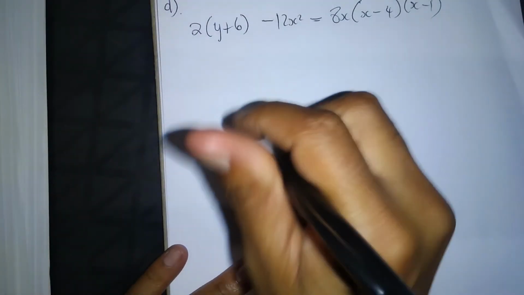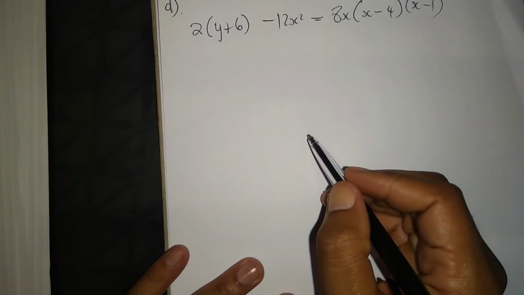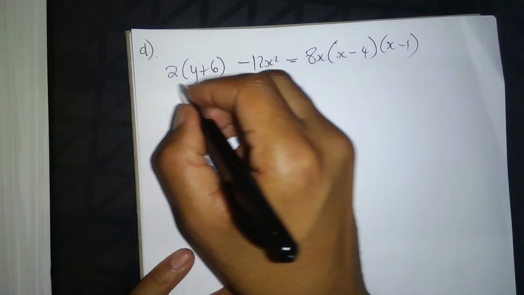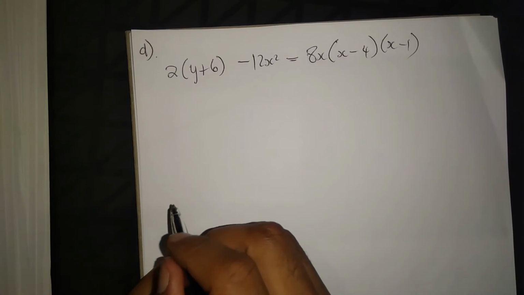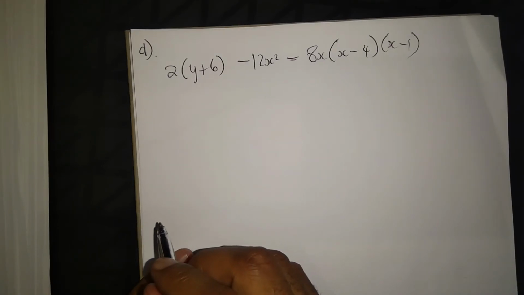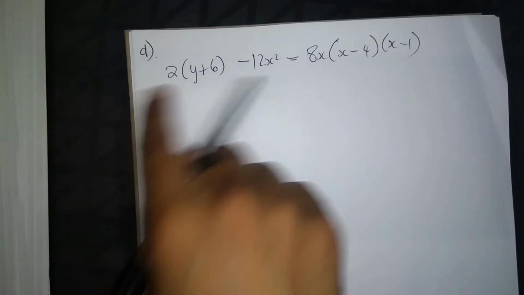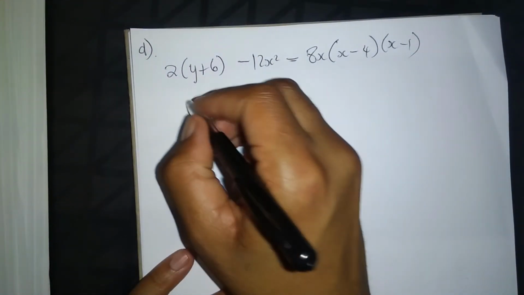So this problem here is tricky, we need to simplify it in such a way that we remain with y on the left hand side. So we need to remove our brackets, right? Let's remove our brackets for the entire thing.